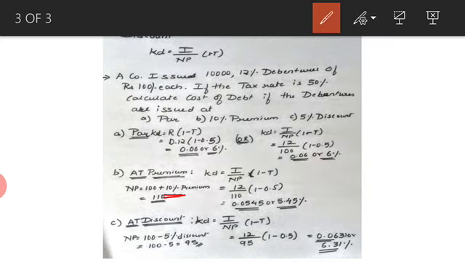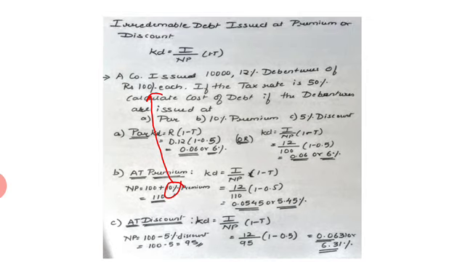Because premium is always calculated on the face value. So 10% of 100 is 10 rupees. So 10 rupees plus 100 is 110 rupees. So this is how you calculate the net proceedings. 100 plus 10% premium. 10% of what? 10% of the face value again. So 10% of 100 is 10 rupees. So 100 plus 10 is 110 rupees itself.